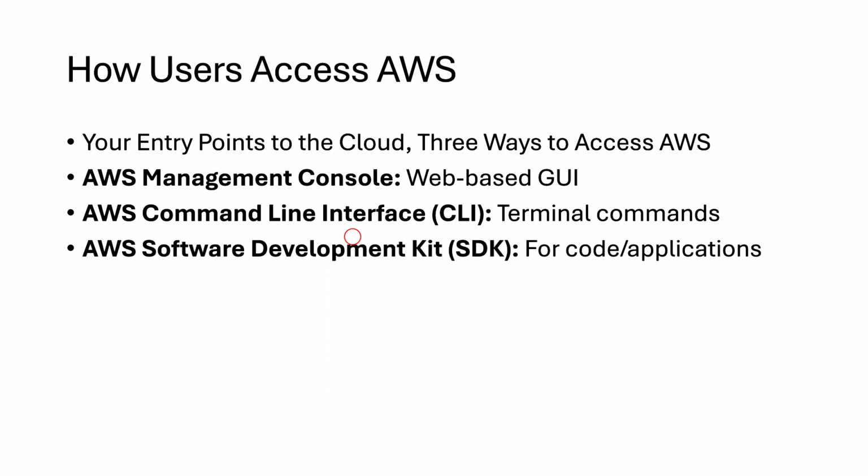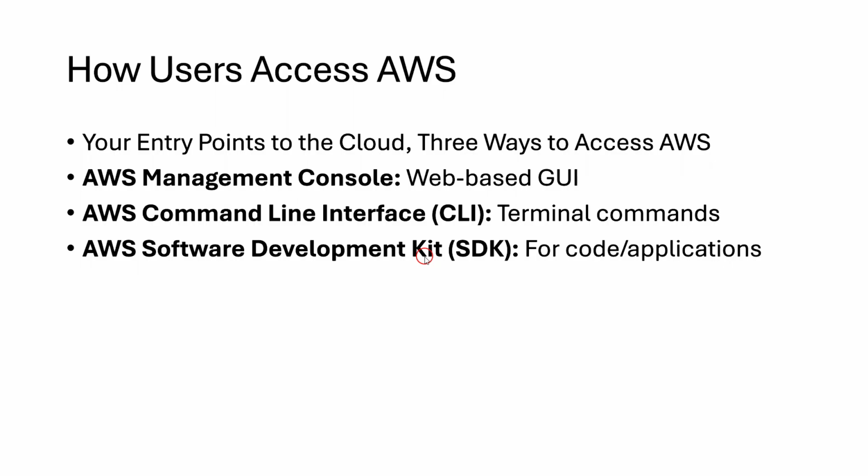And the final one is the AWS Software Development Kit. Usually in simple form, we call it SDK. So for example, for programmatic access from your application. Your applications want to access AWS resources from your Java code, from your Python code, or from your .NET code. You want to get data from AWS, or insert data into AWS databases or S3 buckets or EC2 instances.